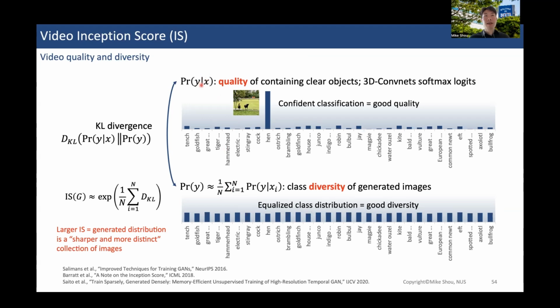But when we have some condition, for example hand, then the generated images should only be classified as hand. That means the generated image is correct, precisely reflecting the condition. That reflects the quality. So with this KL divergence measuring these two distributions, typically a larger IS score means the generated distribution is a sharper and more distinct collection of images.